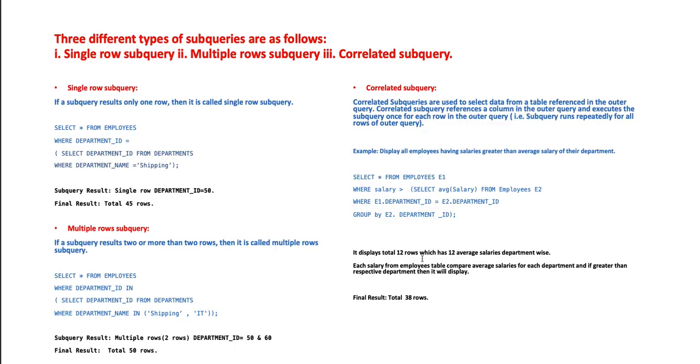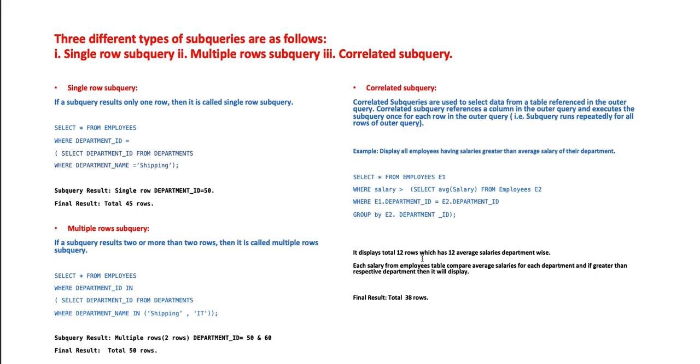Each salary from the employee table is compared with the average salary for each department, and if the salary is greater than the respective department's average salary, then it will display. From this code, it will result in a total of 38 rows or records. That means 38 records have salary greater than the average salary for their individual department.